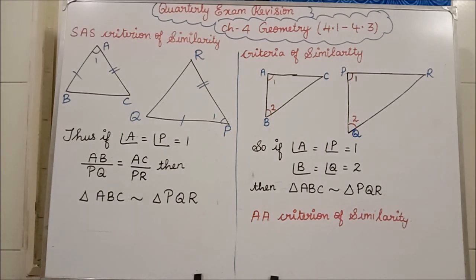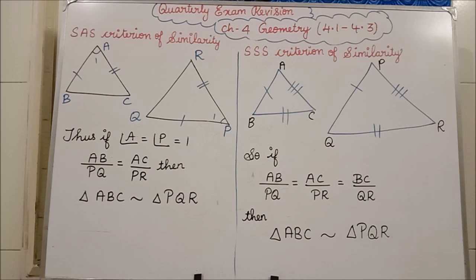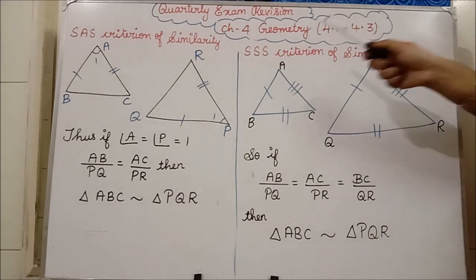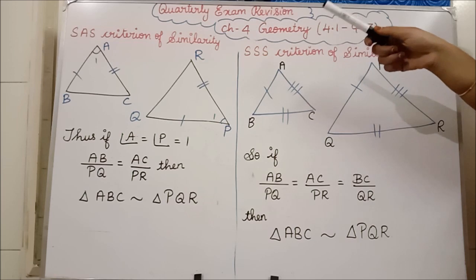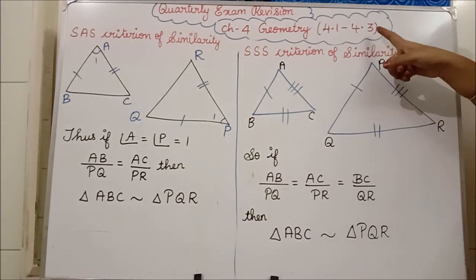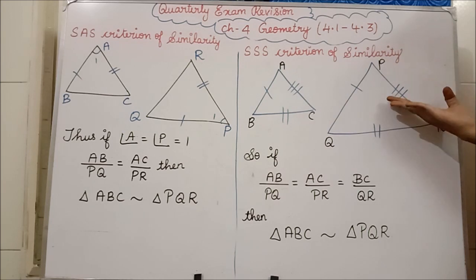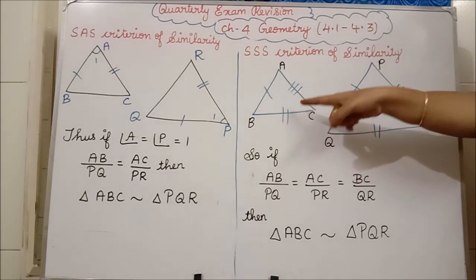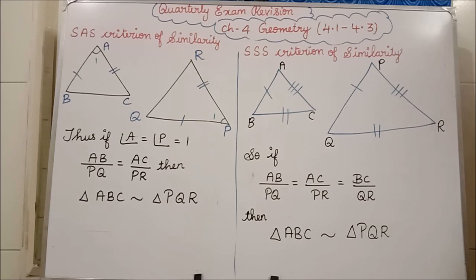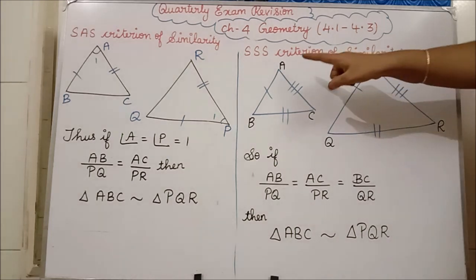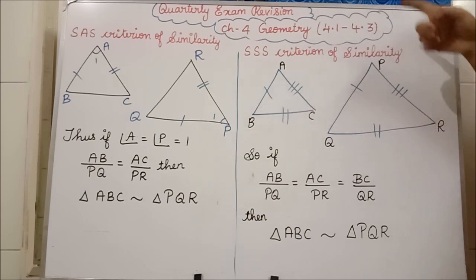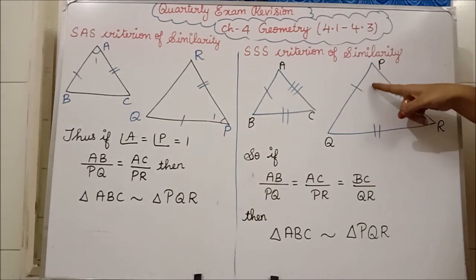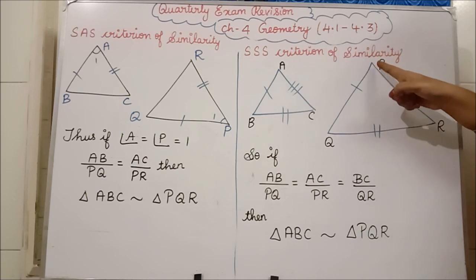Still one more criterion we have, which is the side criterion. Next we will see the triple S criterion, SSS criterion. In this, three sides of a triangle are proportional to the three corresponding sides of another triangle, then the two triangles are similar. Here only one line is there in this triangle, and here also.